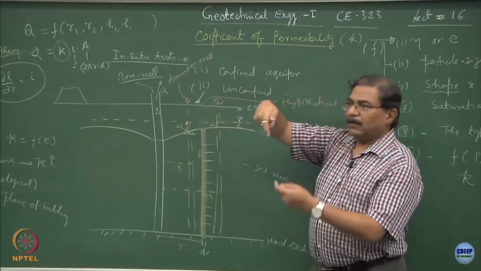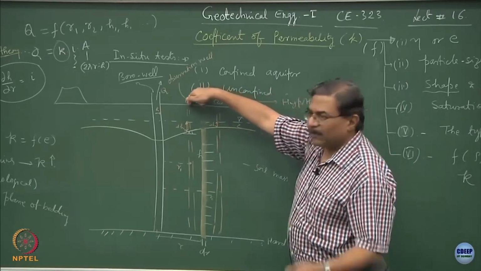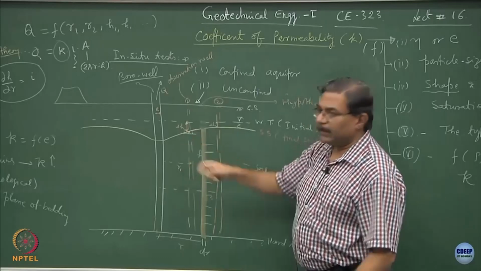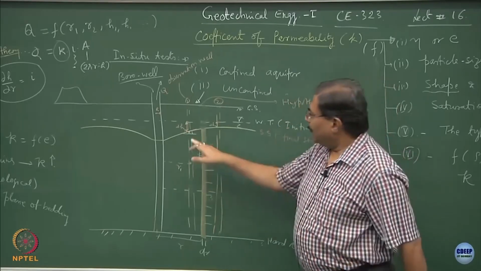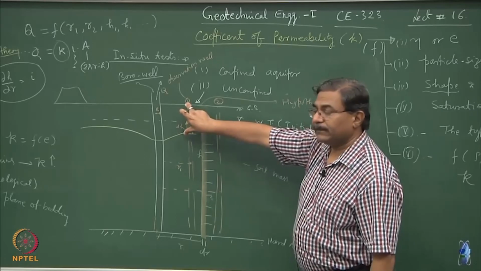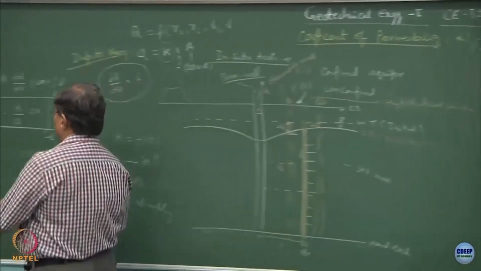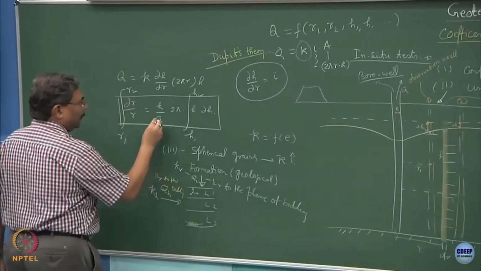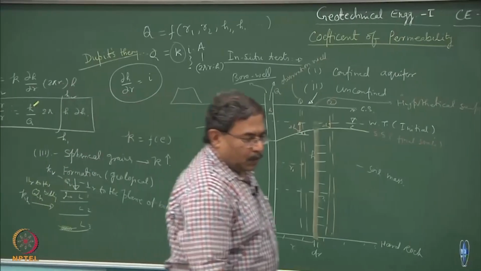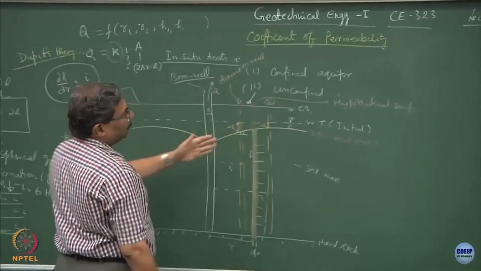I can use an electronic device, I will lower it down, the moment it gives me a beep, it is understood that I have touched the water table. I know this value, similarly I know this value, I can substitute over here and I can get the values of K.